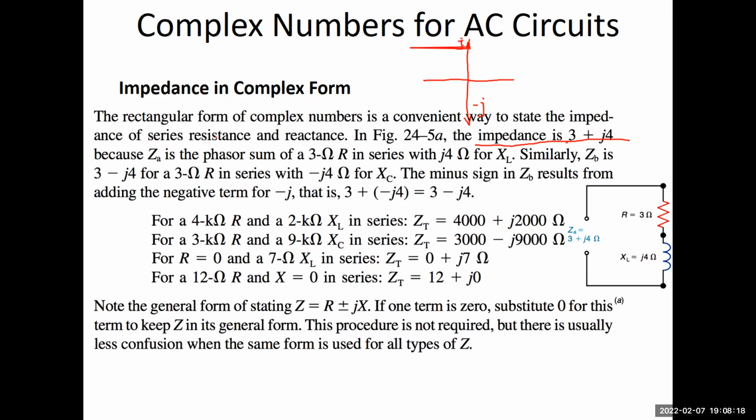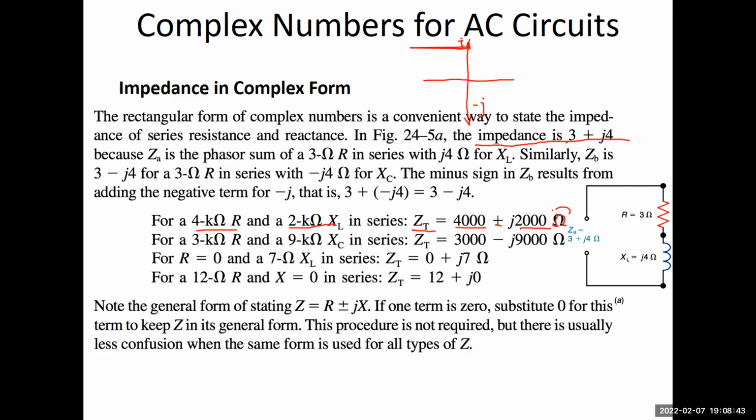So these are examples. For example, we have 4 kilo ohms of R and 2 kilo ohms of XL. Then the impedance will be written as Z sub T is equal to 4,000 for the 4 kilo ohms R plus j2000 for the 2 kilo ohm XL, and that is measured in ohms.